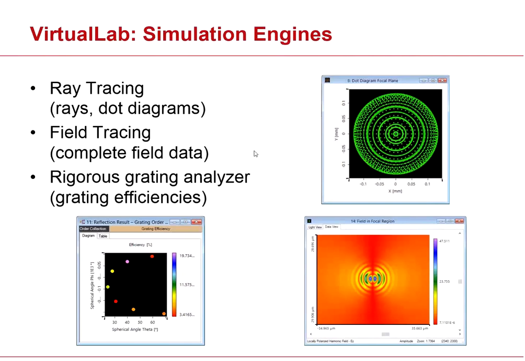And if you switch to field tracing methods, of course, you handle the complete electric field and magnetic field. And here's the example, a Y component of the electric field in a focal region. So, this is very nice. You can cover many effects as polarization, diffraction, and also coherence effects. Partial coherent light sources can be considered.